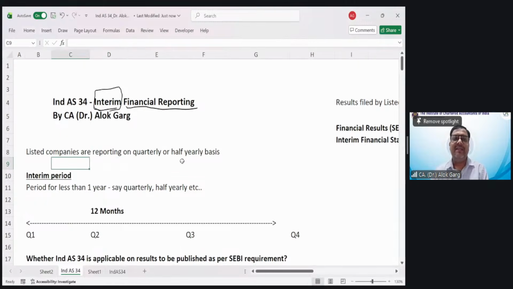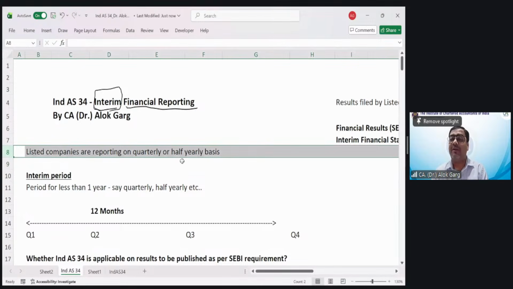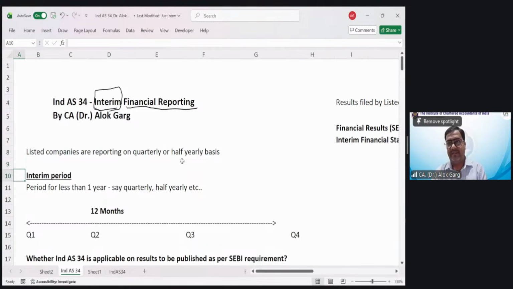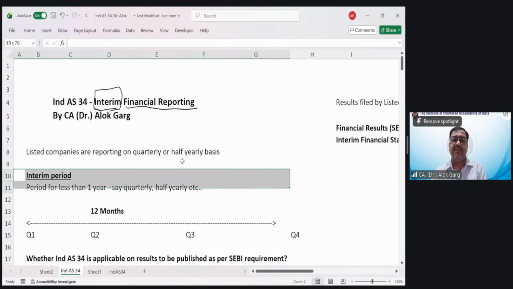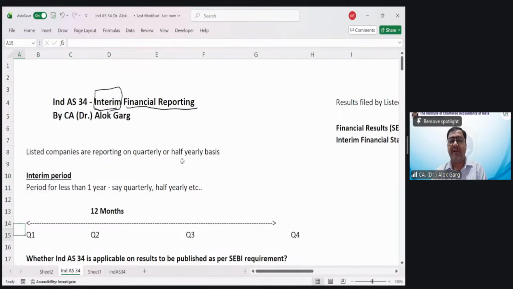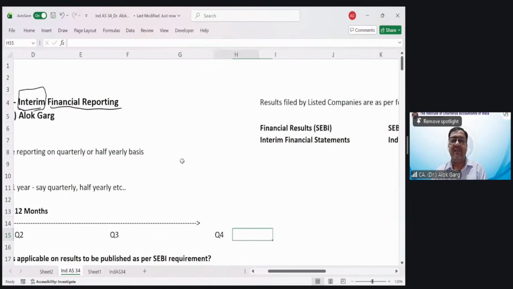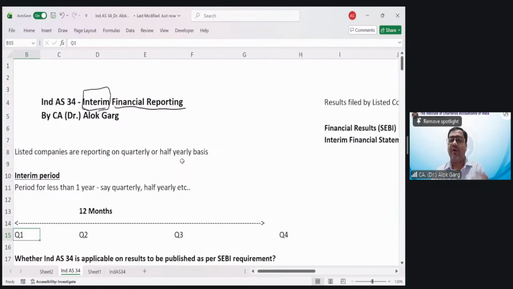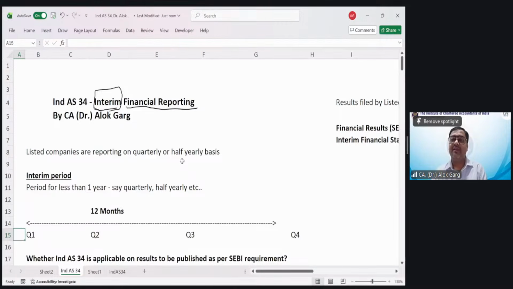Listed companies. Listed companies are reporting on a quarterly, half yearly or 9-month basis. As we understood, interim period means a period of less than 1 year, say quarterly, half yearly, for example Q1, Q2, Q3 and Q4. These are known as interim periods.